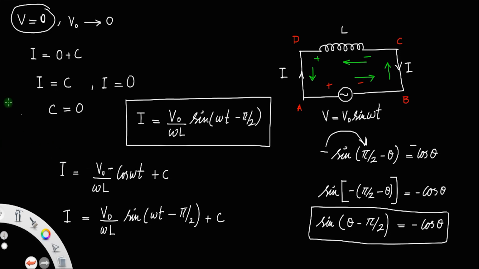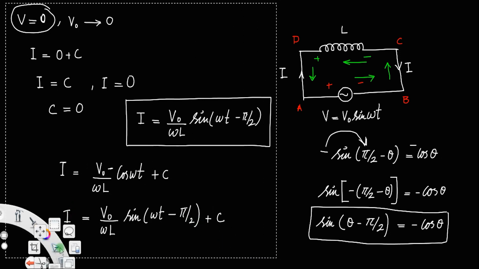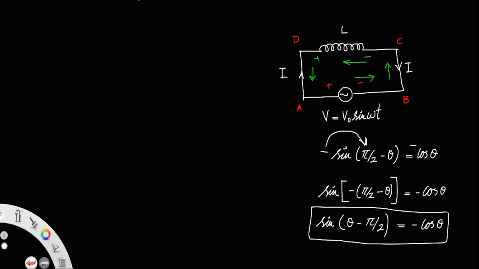Clear? Now let us compare the phase of EMF and current. We know the source voltage V is equal to V0 sine omega t. Whatever is inside the trigonometric function is the phase of the function. Here omega t is the phase of the voltage.